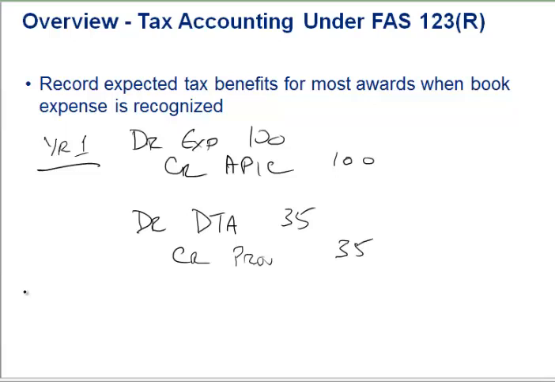We're saying, hey, I had that $100 of book P&L. I expect that to yield a tax benefit, so my net income changes only by $65. Just like any dollar of expense, right? The same would be true if this was just cash wages. And now I'm sitting here with my DTA and thinking, I hope that I get a $35 tax benefit someday.